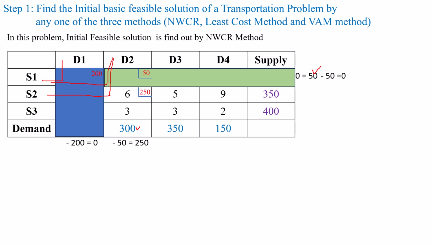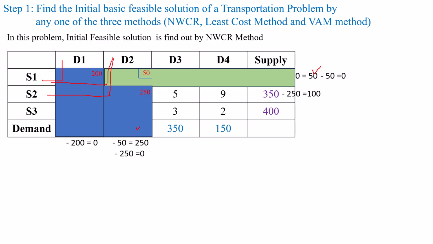So allocate 250 in this cell. Then subtract this 250 from the supply as well as the demand. Then 350 minus 250 becomes 100 and 250 minus 250 equals 0. Then remove the D2 column because its demand is 0.